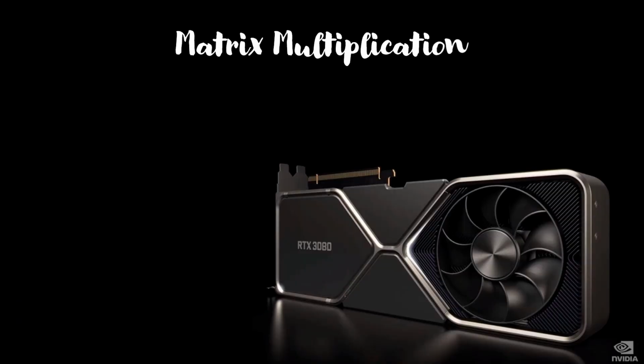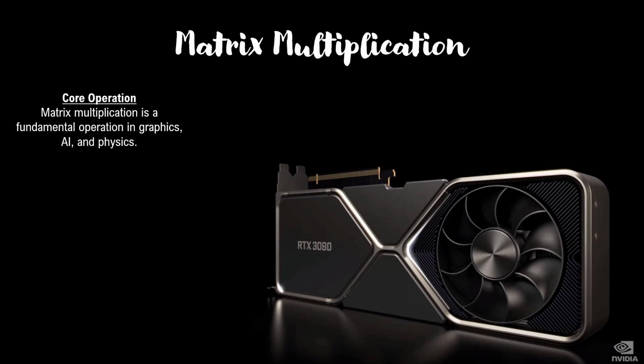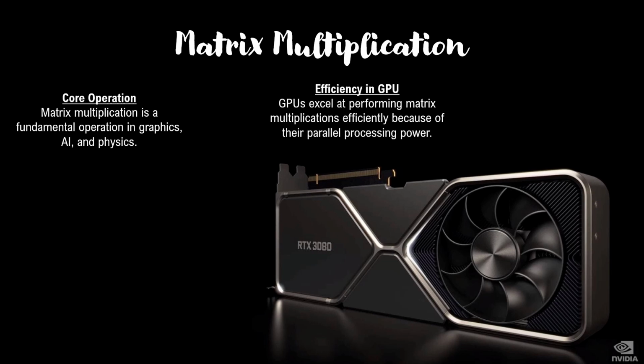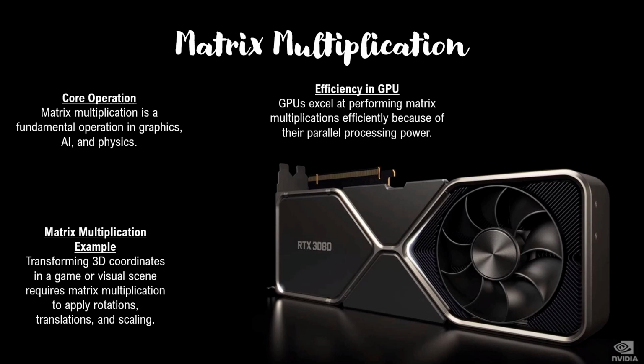Now we're going to do matrix multiplication. Matrix multiplication is the fundamental operation when it comes to graphics, AI, and physics. GPUs excel at performing matrix multiplication efficiently because of their parallel processing power.